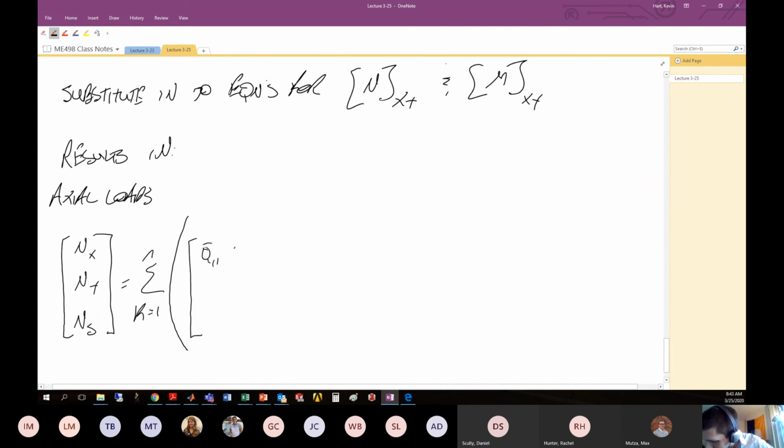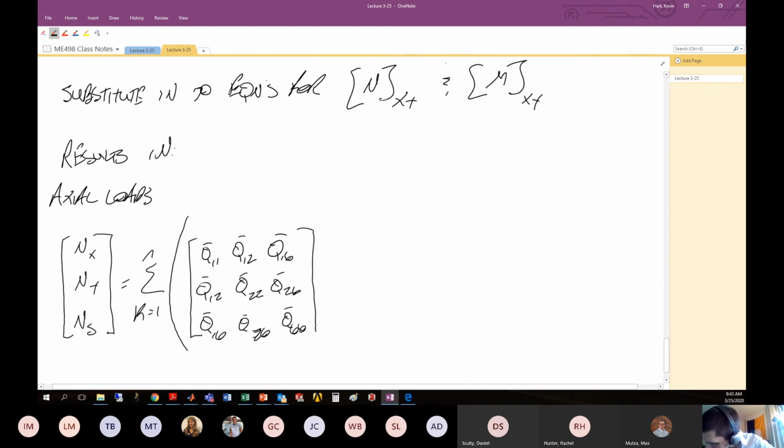Q11 bar, Q12 bar, Q16 bar, Q12 bar, Q bar 22, Q bar 26, Q bar 16, Q bar 26, and Q bar 66.